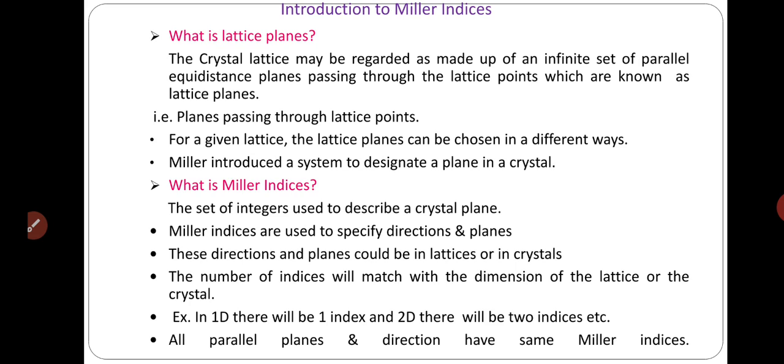For example, in one dimension there will be one index, in two dimensions there will be two indices, while in three dimensions there will be three indices. And all parallel planes and directions have the same Miller indices. So we will discuss this, the parallel planes and directions having the same Miller indices, in the next slides.